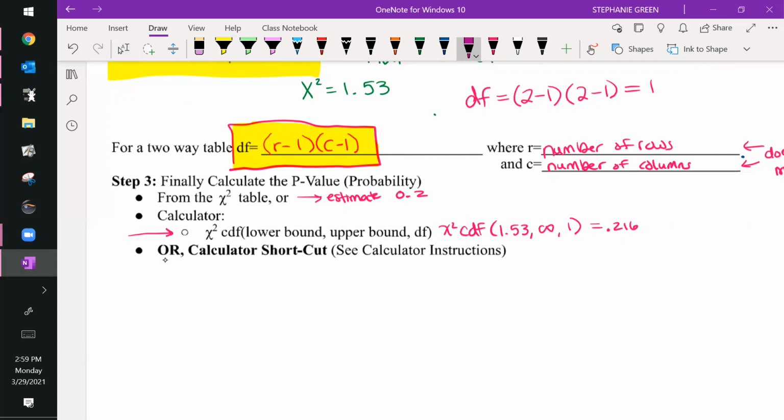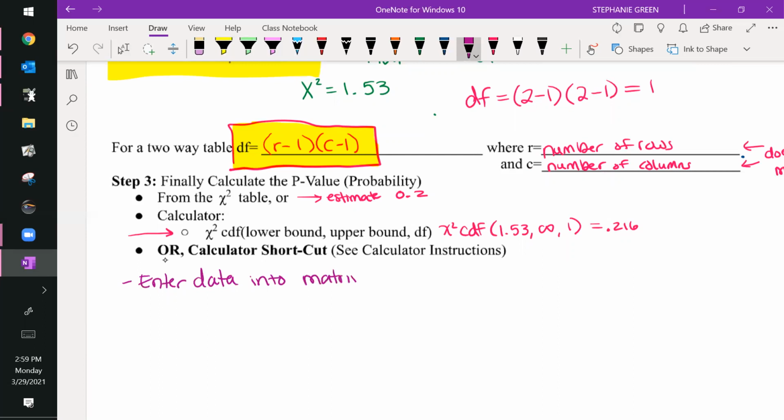Now, when we put our data into our calculator for a one-way table, we put that data into a list. Well, we don't have a one-way table this time. We have a two-way table. So when you have a two-way table, we're going to enter that data into a matrix.